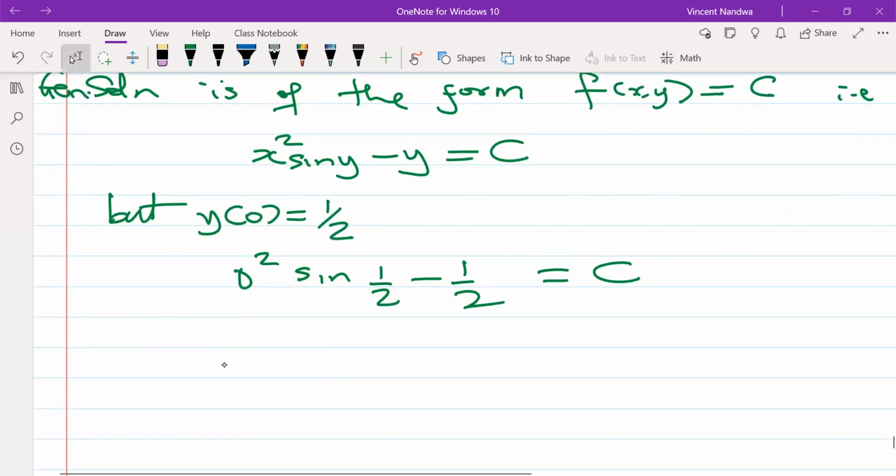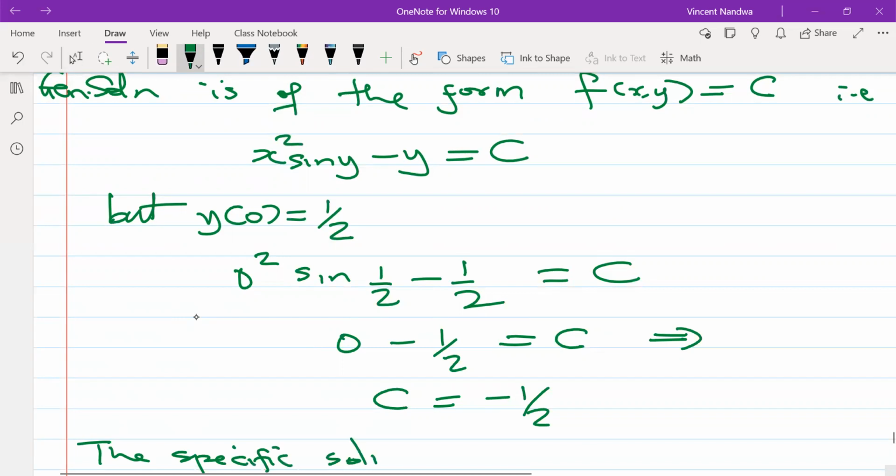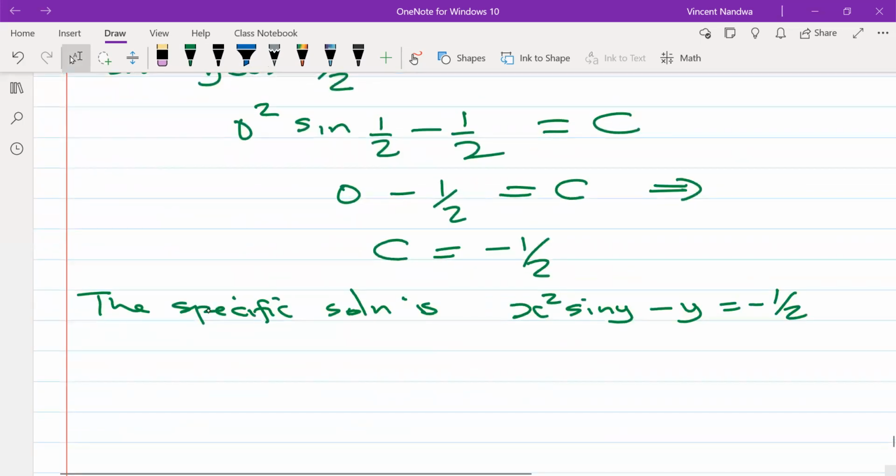So that will be 0 minus a half equals c, which means c is equal to minus a half. So the specific solution is x squared sine y minus y equals minus a half. So that is what that question gives us.